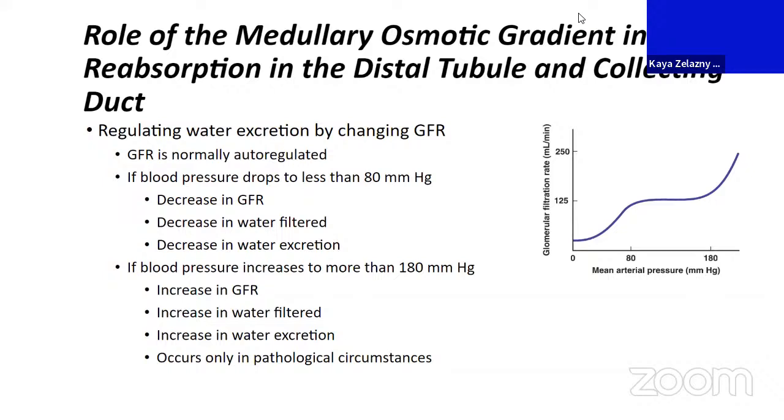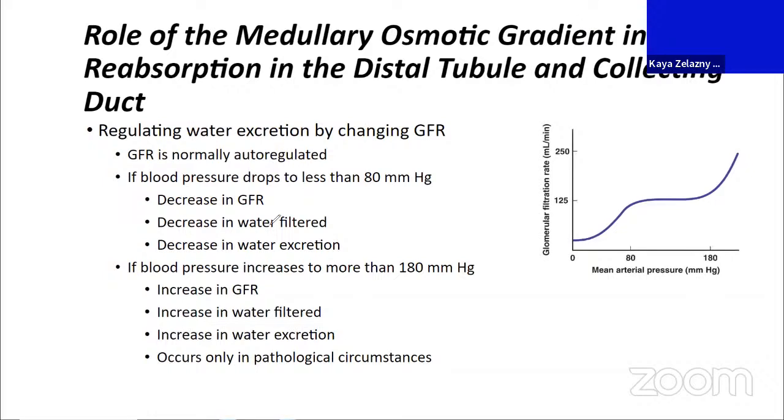Okay. But we do have ranges outside of this mean arterial pressure region, right? So we might have super low blood pressures or super high blood pressures, right? So there is a region past which we can't auto-regulate these pressures, okay?